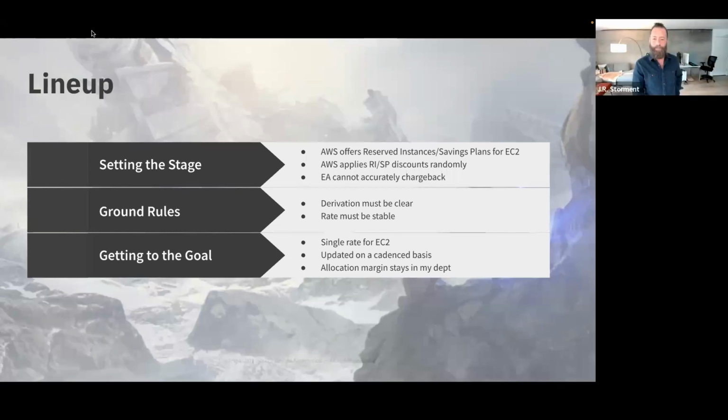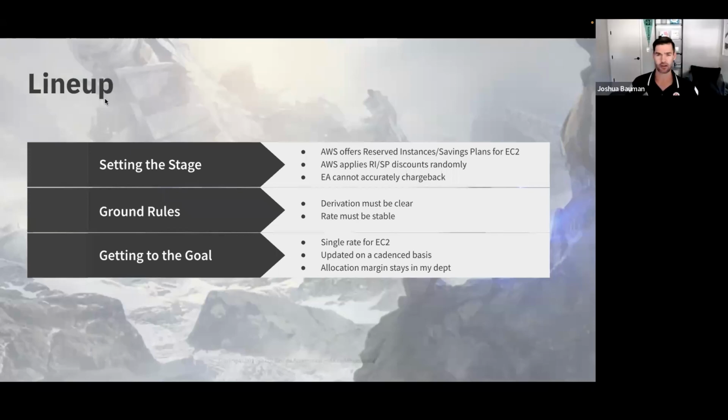No worries. Where I'm coming from, this piggybacks off the conversations with Vic, and even Scott had a question in the chat just a minute ago about doing chargeback specifically on reserved instances, savings plans, EC2. We ran into a problem years ago at EA with how we manage this. Whenever we buy an RI, I buy all the RIs centrally, I buy all the savings plans centrally.